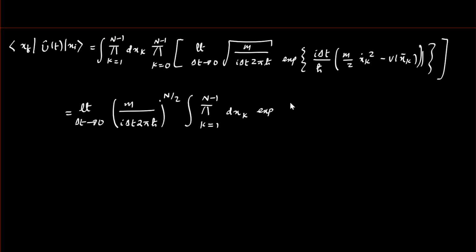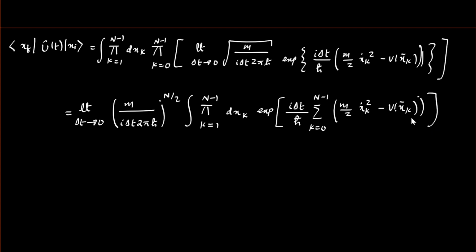So I can write the exponential i delta t divided by h cross, summation k equal to 0 to n minus 1 bracket m by 2 xk dot square minus V xk bracket close. Okay, fine.